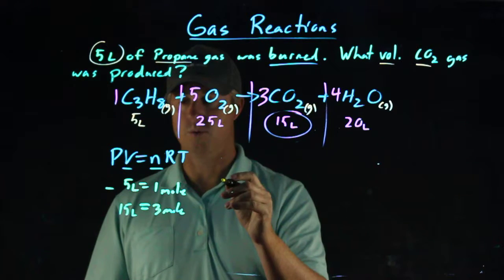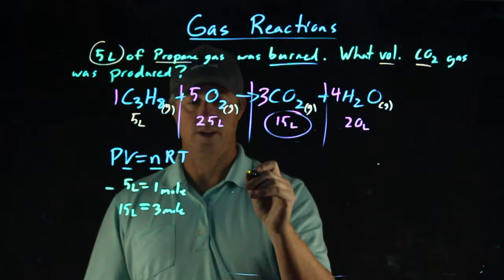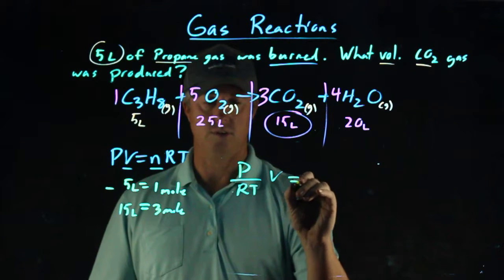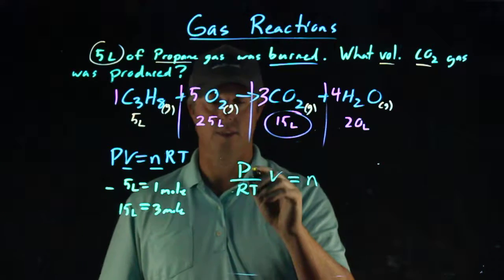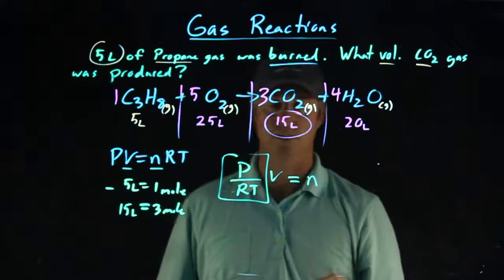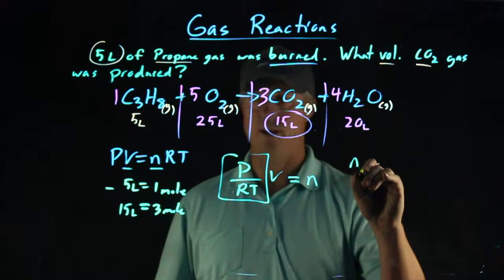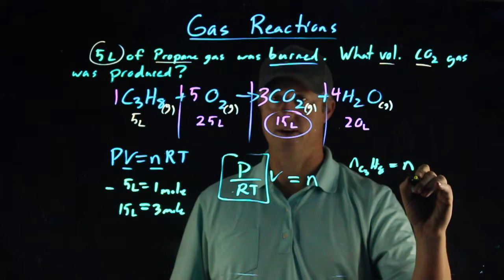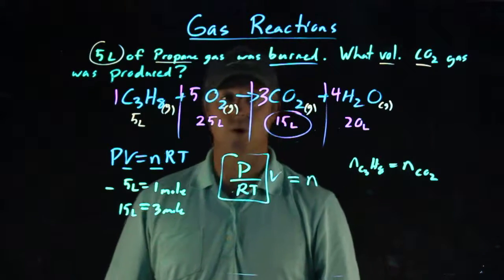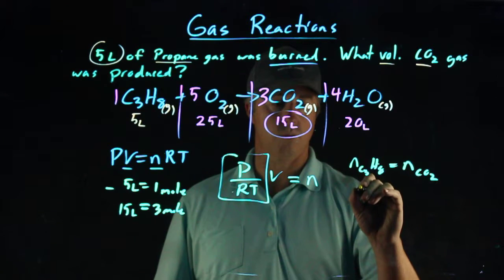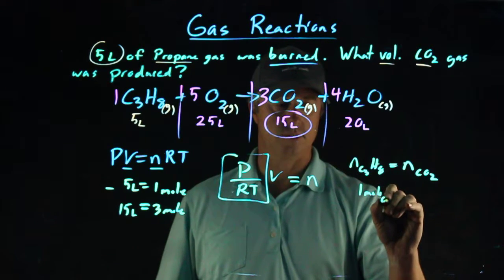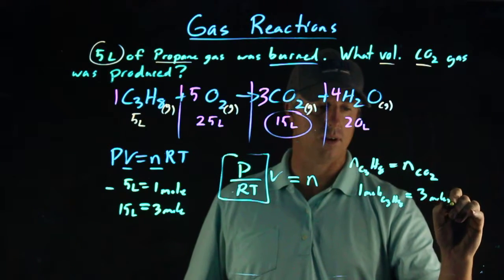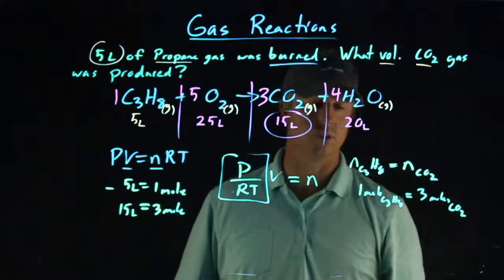Okay, if you want to solve it more, you could isolate and essentially say that pressure over RT times volume is equal to n. These are just constant for my entire equation, and so when I compare n of C3H8 to the n of CO2, the mole ratio of this is going to be 1 mole of C3H8 for every 3 moles of CO2.